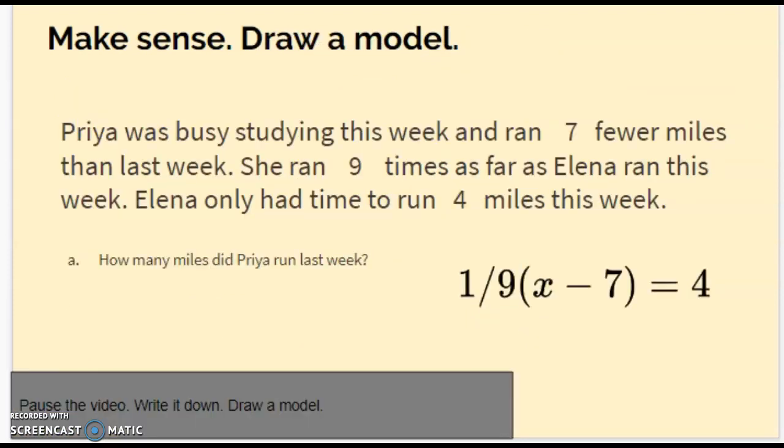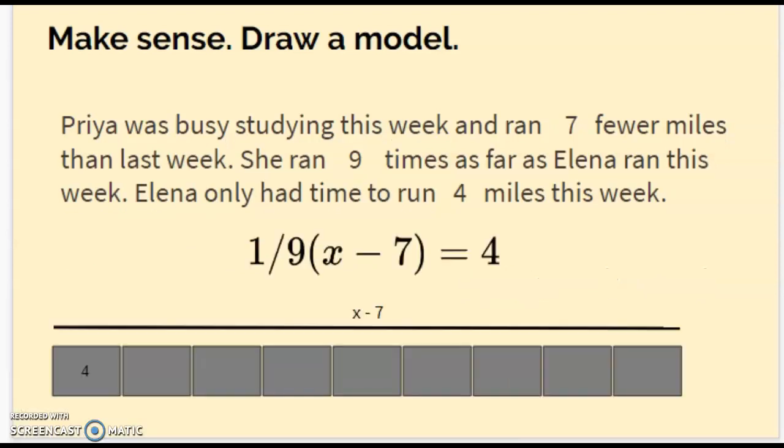As we continue to make sense of this situation, we really should draw a model using the situation and the equation. So go ahead and pause the video, write it down, draw a model. Let's look at the equation one more time.